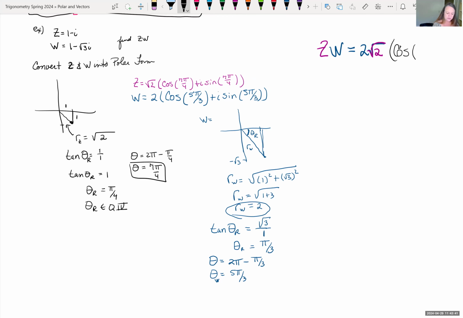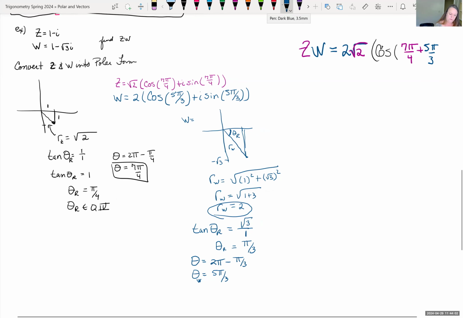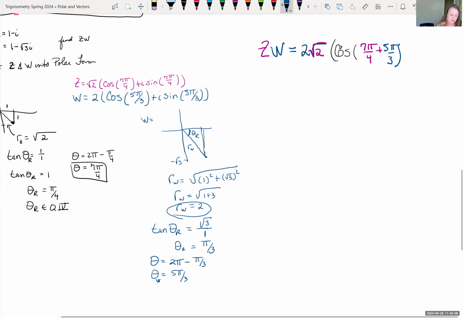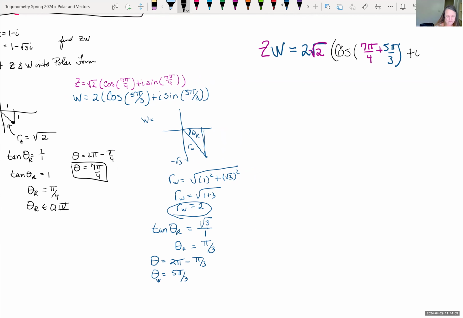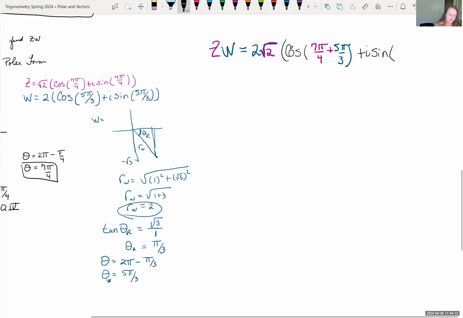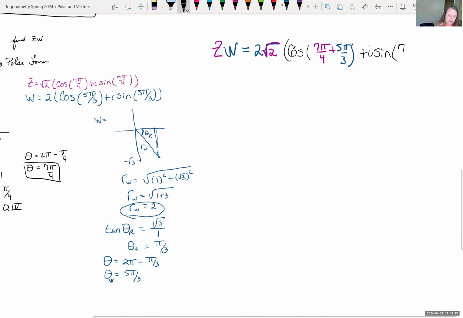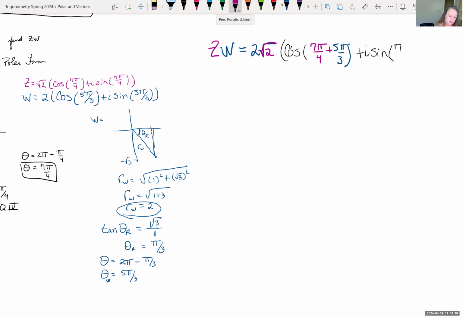We're going to sum our angles, so we had the 7 pi fourths plus the 5 pi thirds, plus i sine of the sum of those angles, 7 pi fourths plus 5 pi thirds.